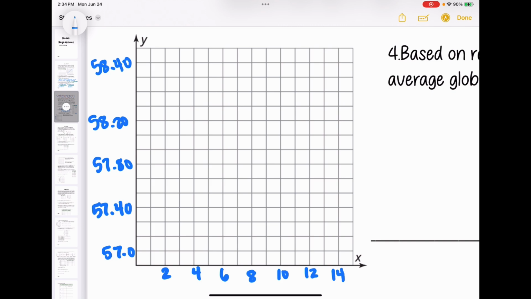All right, so go ahead and line up your graph how mine is labeled.